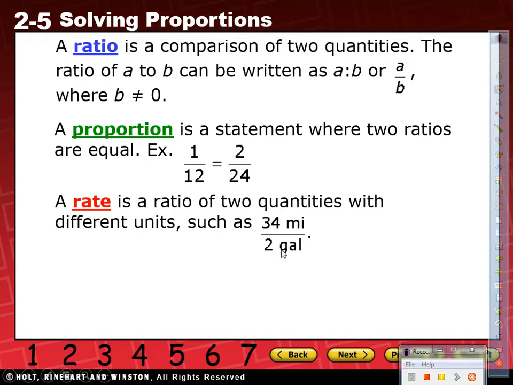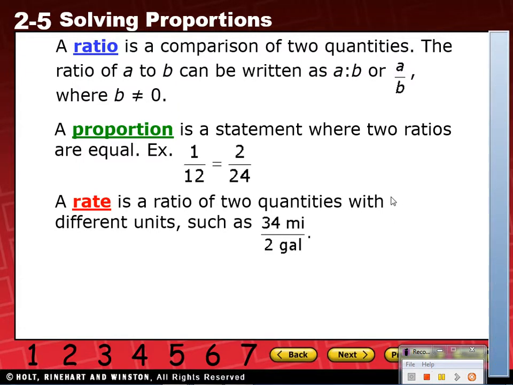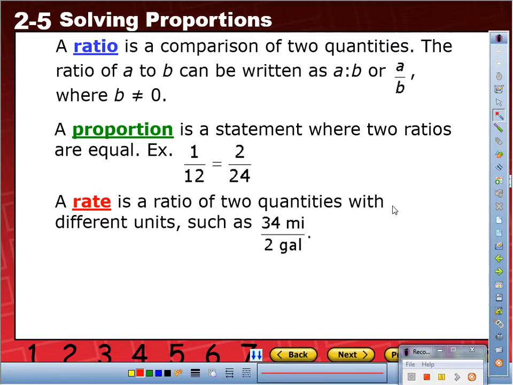It's kind of like if I said Priscilla runs 3 laps in 30 seconds. So therefore that would be a rate, because I can write it like this: 3 laps in 30 seconds.